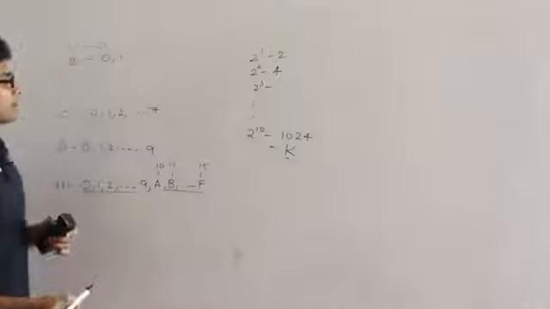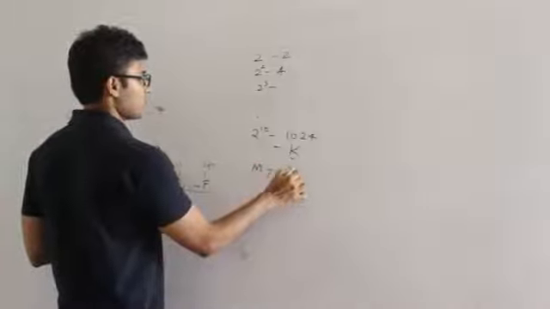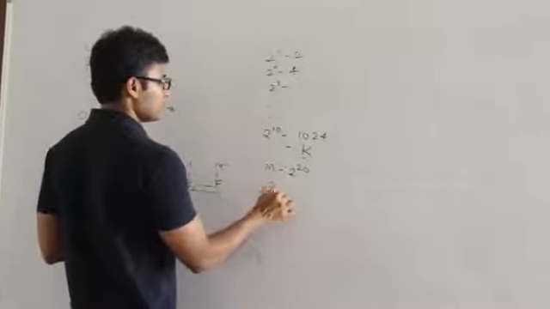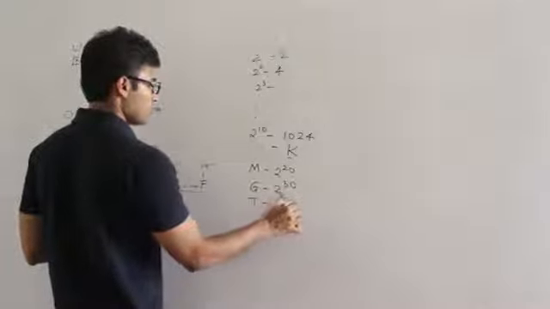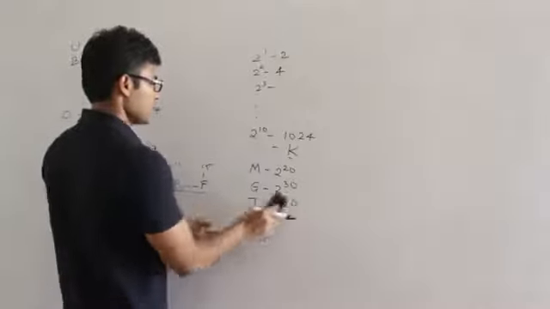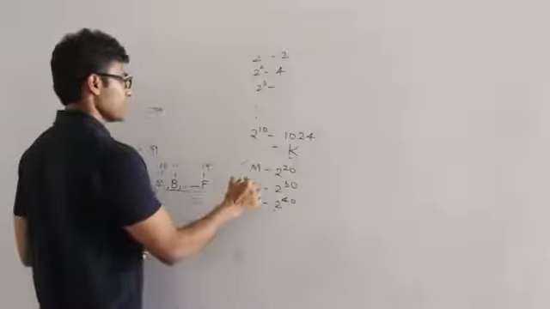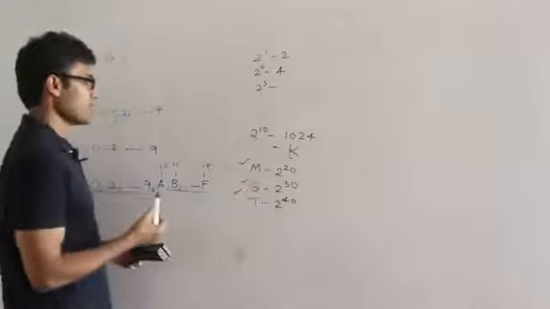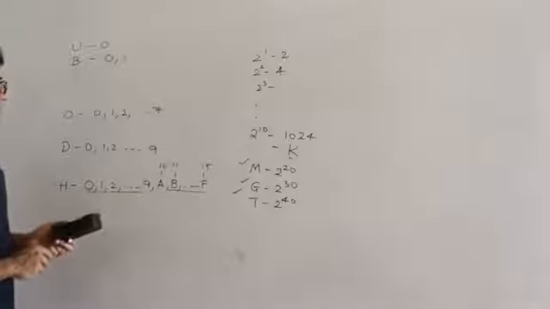Then M represents 2 power 20, G, giga, 2 power 30, T, tera, 2 power 40. So you should be very good with all these conventions and notations. What is M, what is G, what is T, especially in computer science, is going to be very important. And we shall talk more about binary numbers shortly.